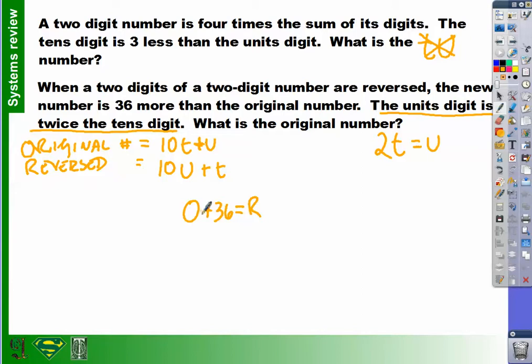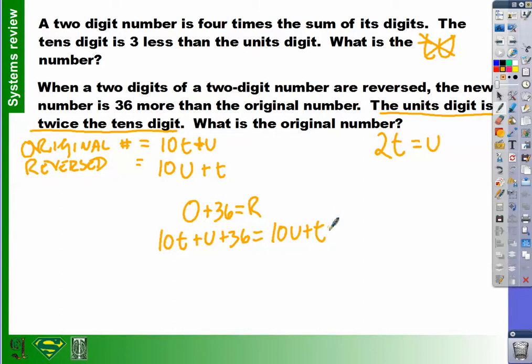We can't have an O and an R and then a T and a U. That's just not going to work. So what's another way to say our original number? We have 10t plus u, our original number, plus 36. And what's our reversed number? 10u plus t. Excellent.